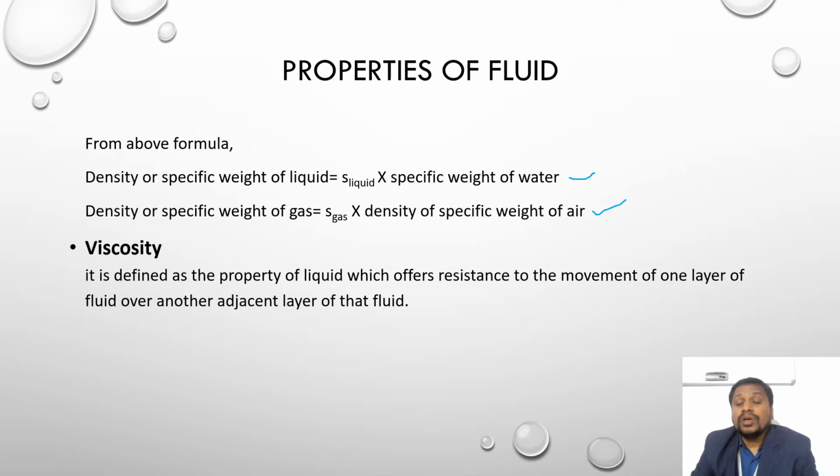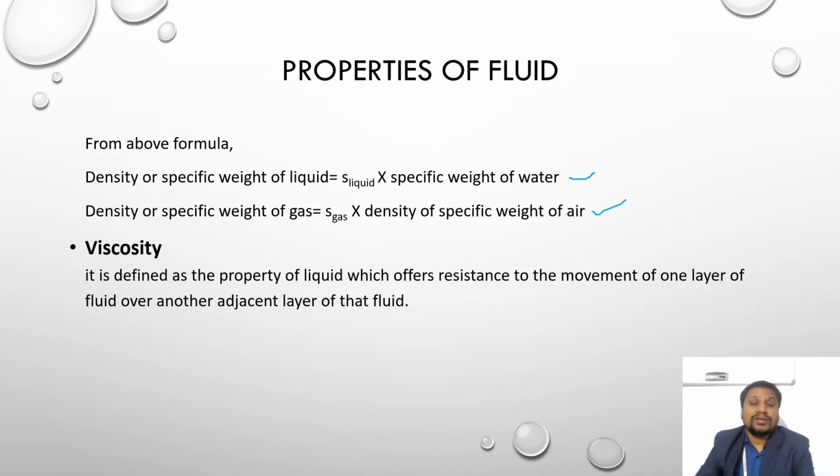Specific volume is the reciprocal of mass density, volume of the fluid by mass of the fluid, 1 by rho. Then what is specific gravity? It is also called relative density. Specific gravity is the ratio of mass density or specific weight of a given fluid by the mass density or specific weight of a standard fluid. It is a unitless quantity.